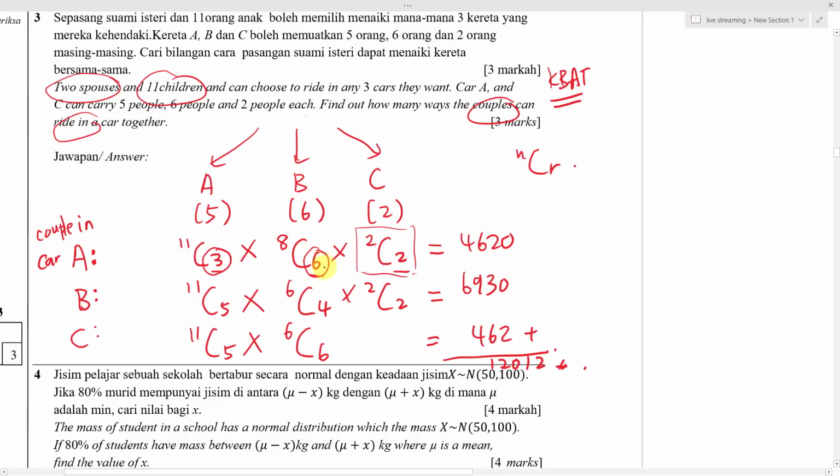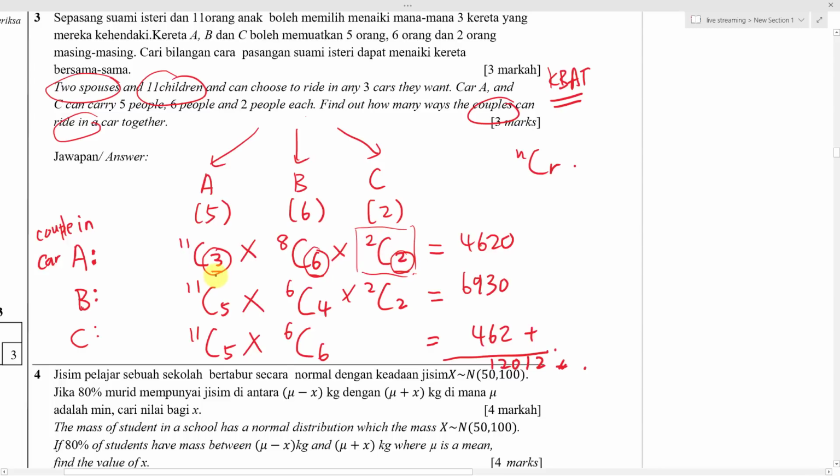Then I choose 6 for car B, because car B can only fit 6 children. After I put the 6 children into car B, I only have 2 more left, because car C can only fit 2 children. So the last 2 children I put in car C.